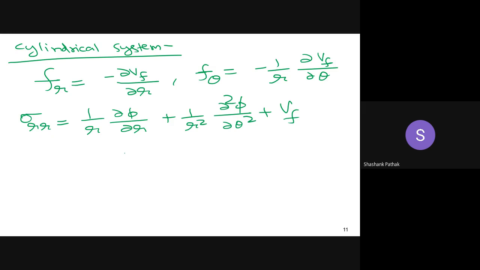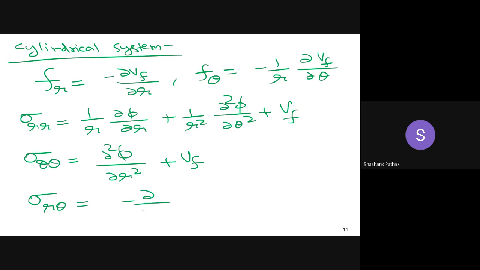Just like we defined sigma xx in terms of phi, sigma theta theta can be written as del square phi by del r square plus Vf, and sigma r theta equal to minus del by del r of 1 by r del phi by del theta.